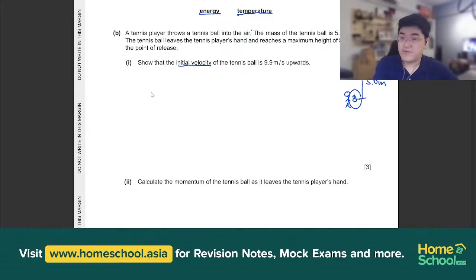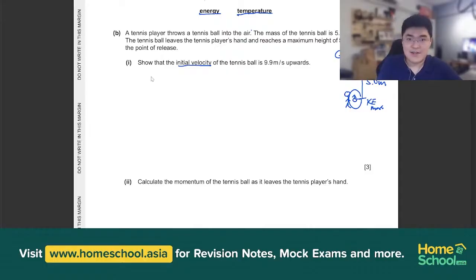Simply put, we need to know that the kinetic energy of the tennis ball when it is launched converts completely into gravitational potential energy at the top of its path. So all the kinetic energy here is equal to the maximum gravitational potential energy at the top of the path.